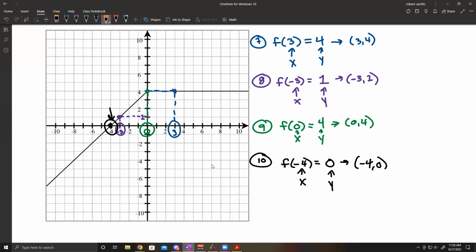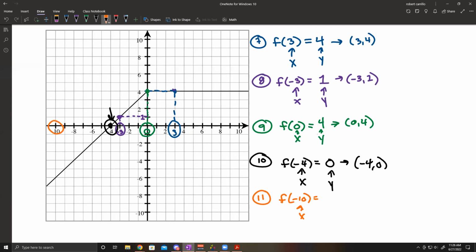Okay. Let's see what other questions are. Number 11. This says f of -10. So again, there's x. Now we look at f when x is -10.